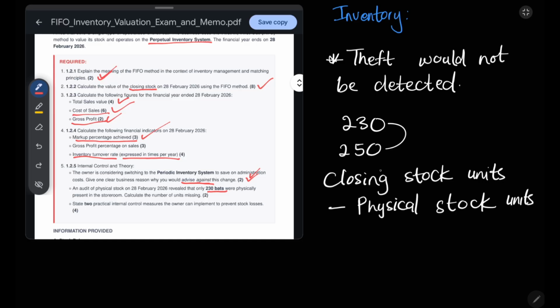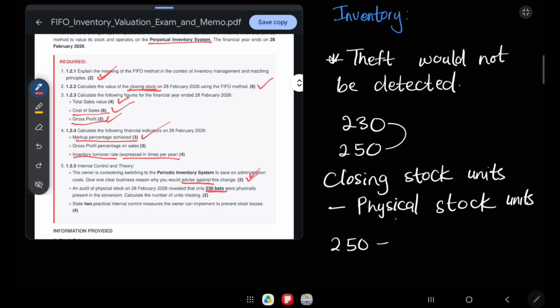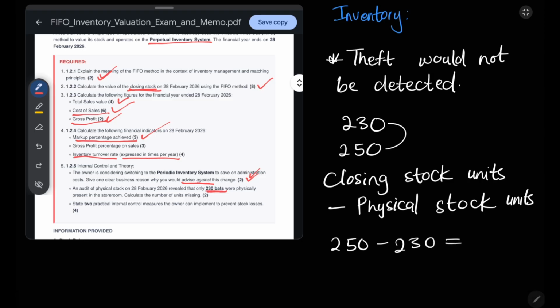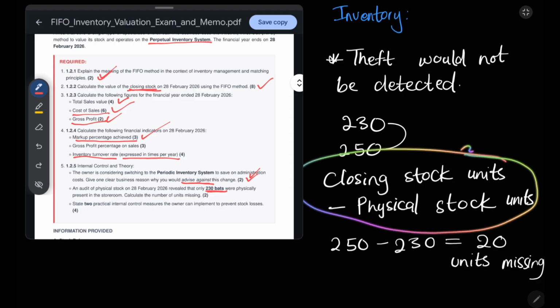For your closing stock units, you have to check this information. You had 250 units, so we'd say 250 minus your physical stock units, which they told us is 230. 250 minus 230 is 20. So that means you have 20 units missing. In your notebook, you could write this as your formula.